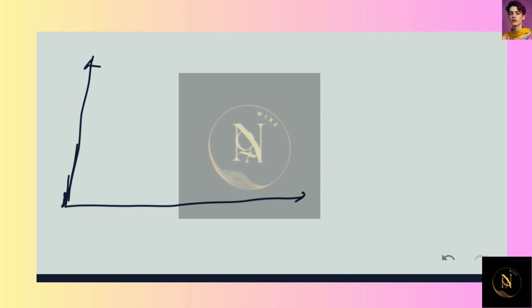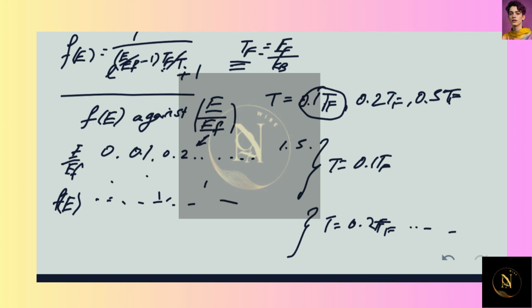So for t equals 0, this is the case where our exponential term over here goes to negative infinity, and it can go to negative infinity or 0.